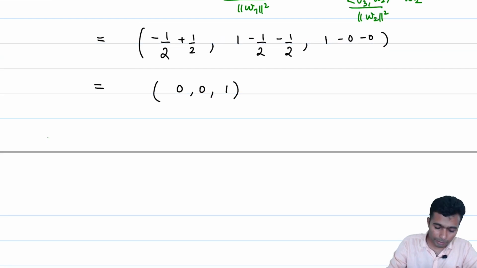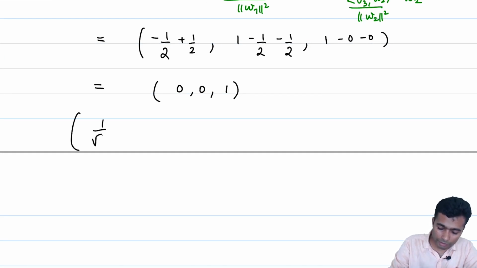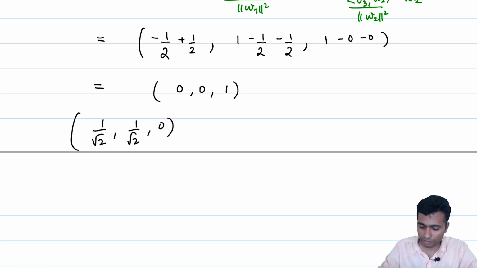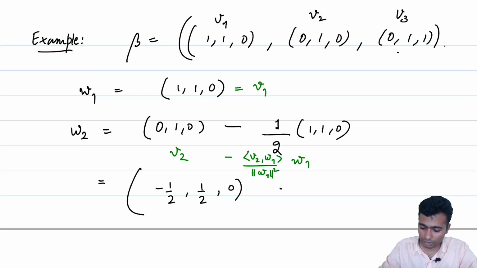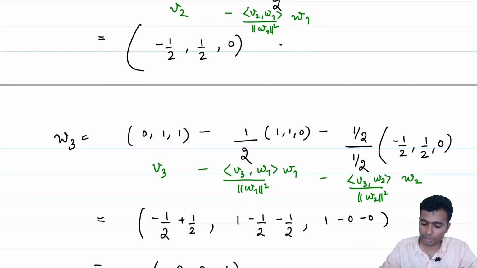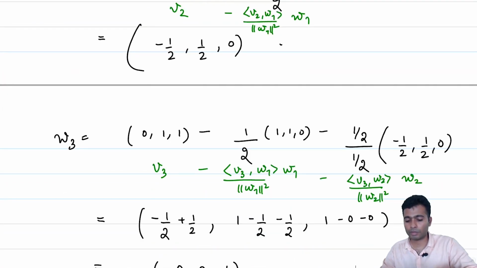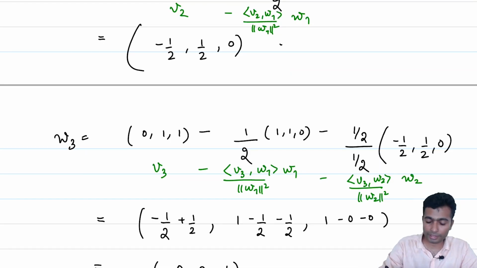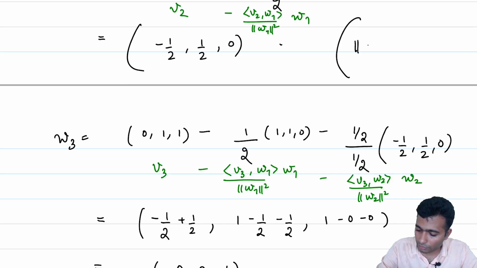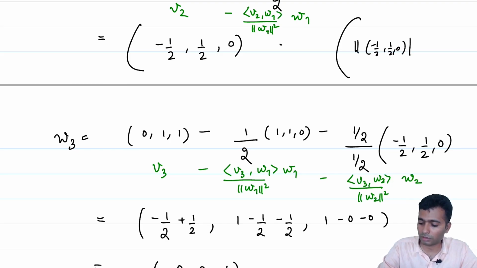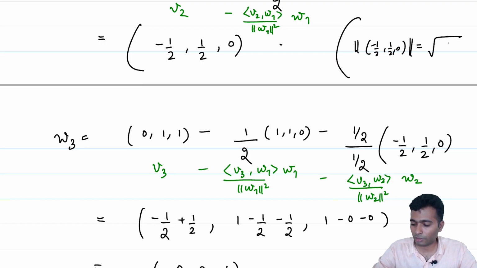So if we orthonormalize it, we will get W1 prime. Our first vector is 1 by root 2, 1 by root 2, 0. The second vector will be based on minus 1 by 2, 1 by 2, 0. What is the length of this? It is equal to the square root of 1 by 2.